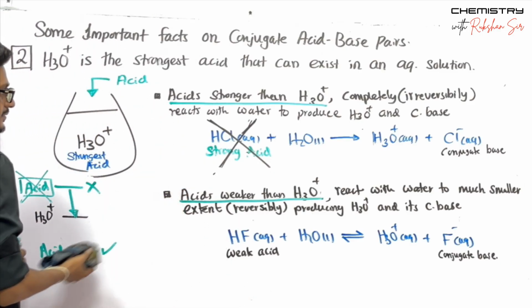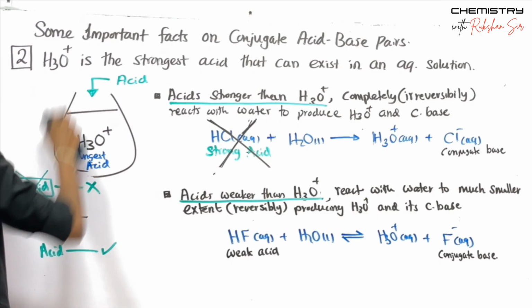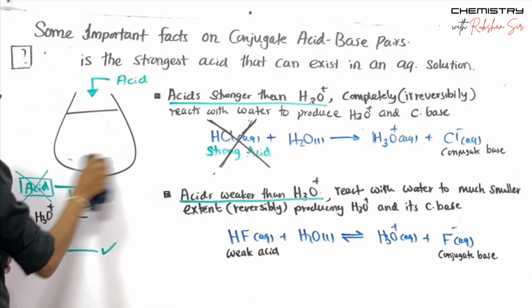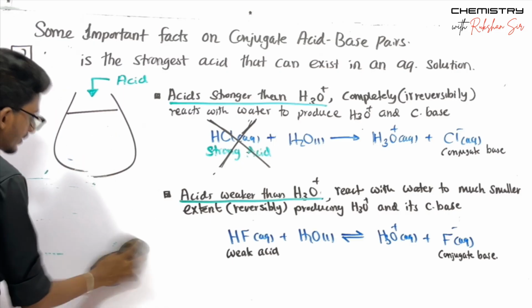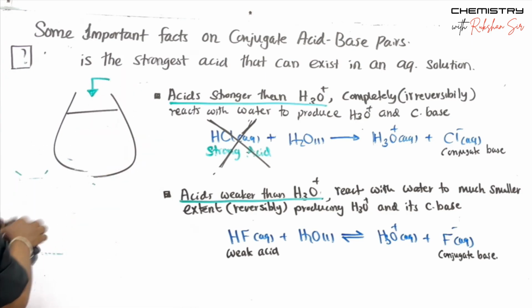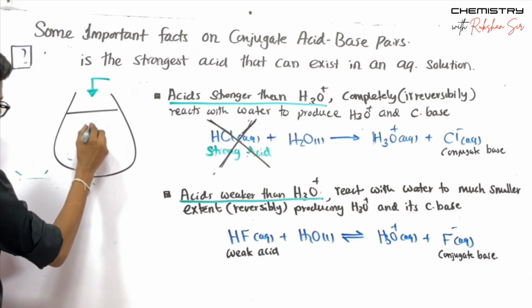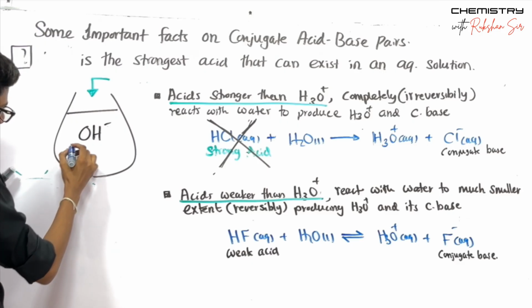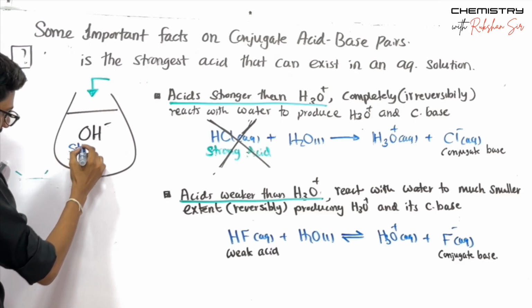Right? If you think about the basic species, OH minus is the strongest base which can appear in an aqueous solution.